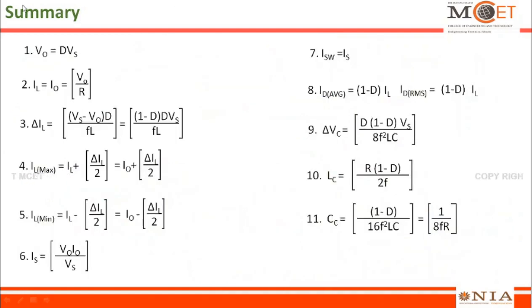To summarize the buck converter, of these 19 expressions, these 11 expressions are taken as important expressions, and you need to remember these expressions, and for problem solving we require all these 11 expressions at some point of time. And this is what all about buck converter is.